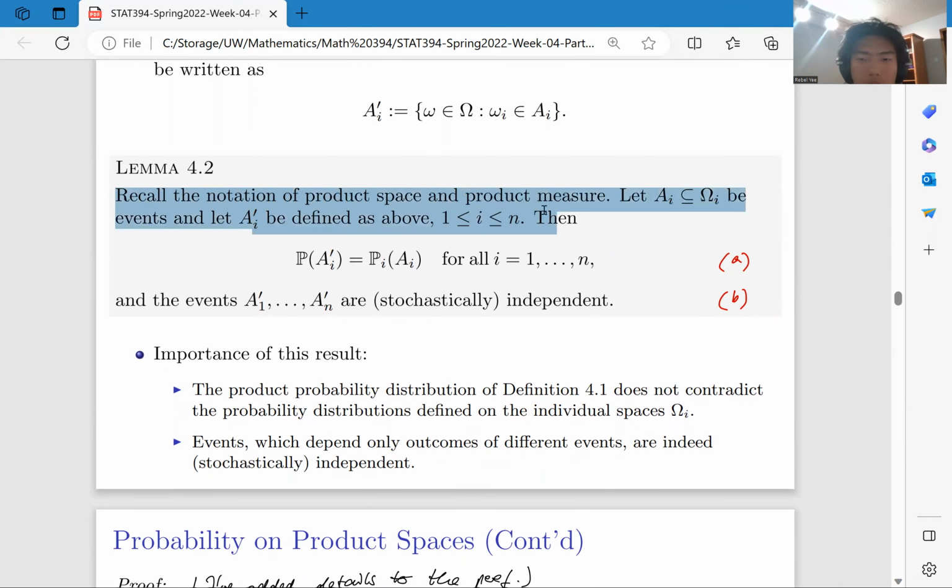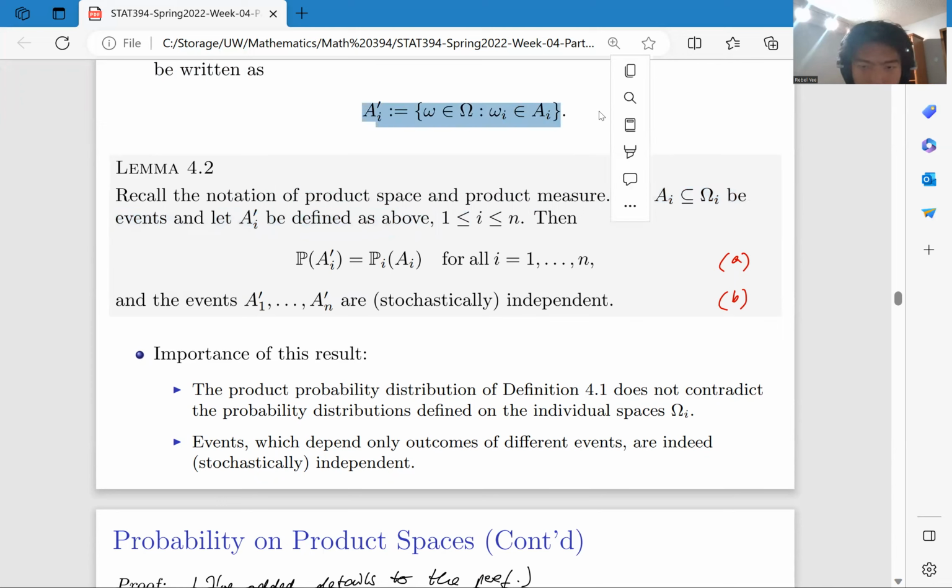And we found out that Ai is a subset of omega i, and if A-tilde i is defined as here, then P of A-tilde i is equal to Pi of Ai. Why is this the case? Because we only consider Ai.